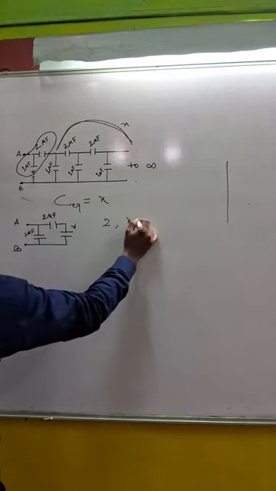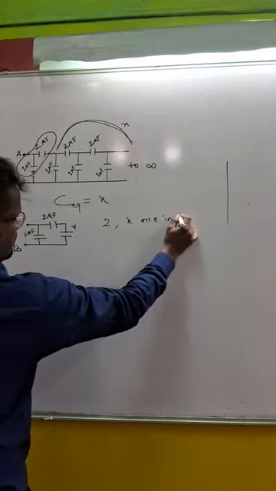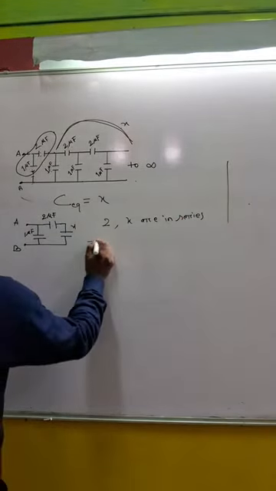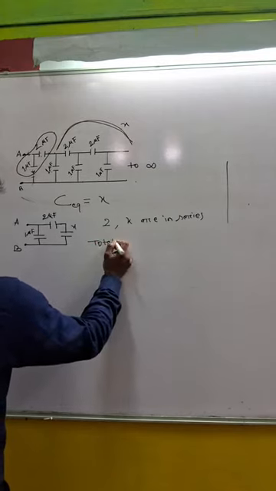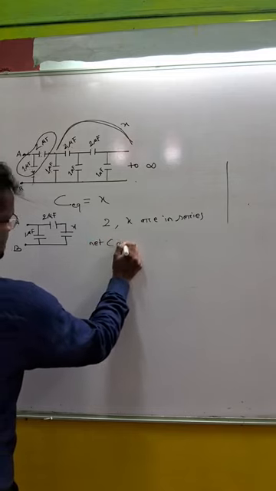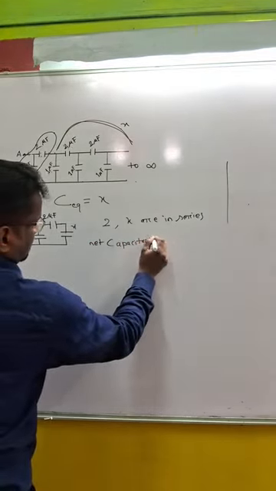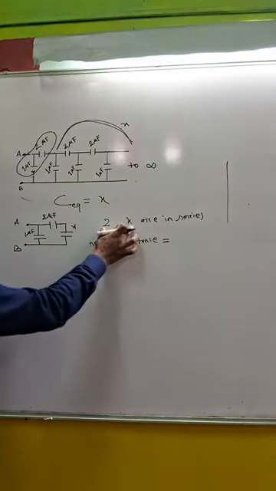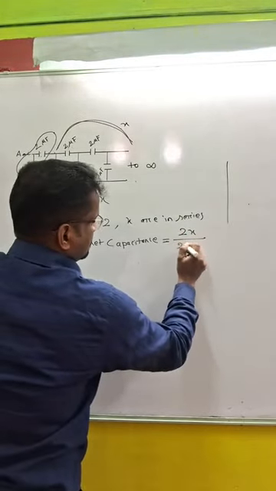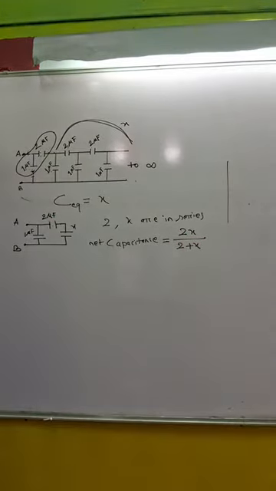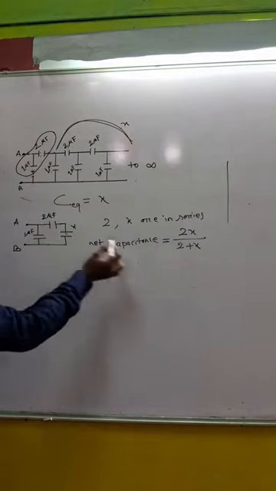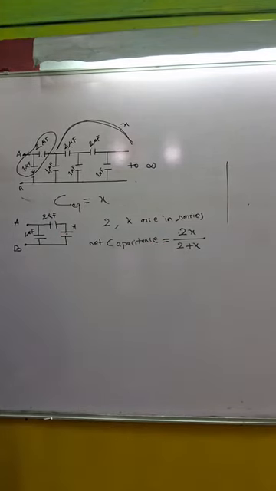Therefore, the net capacitance for these two, as they are in series, you can directly say is 2X over 2 plus X. That means the total capacitance of these two is 2X by 2 plus X.